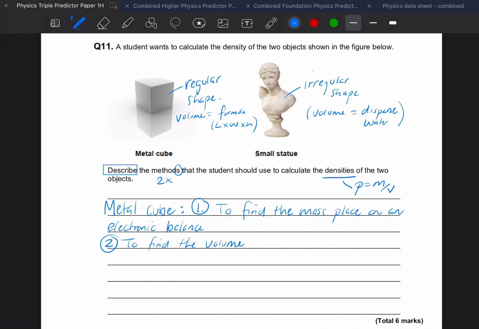Now this is the regular shape, so use the formula length times width times height. We've not explained how we find those, so we put in brackets find the lengths using a ruler.